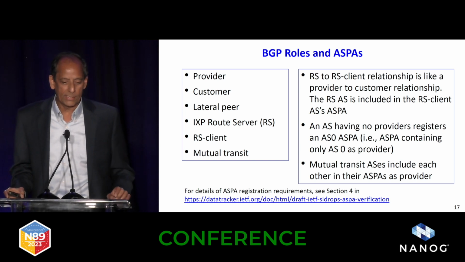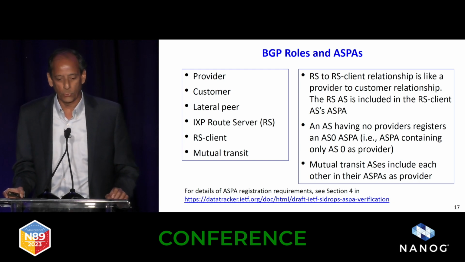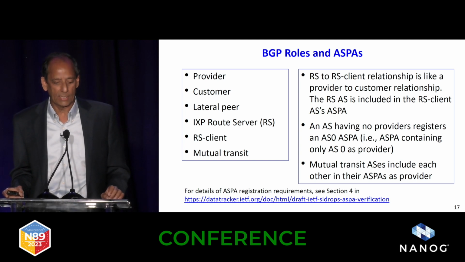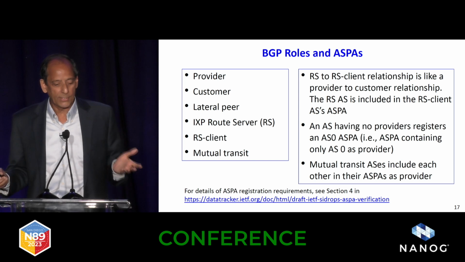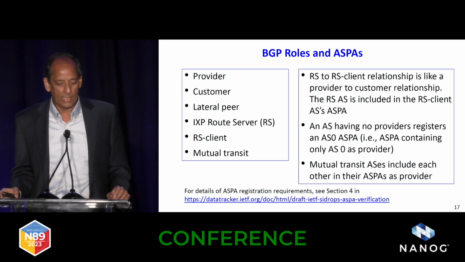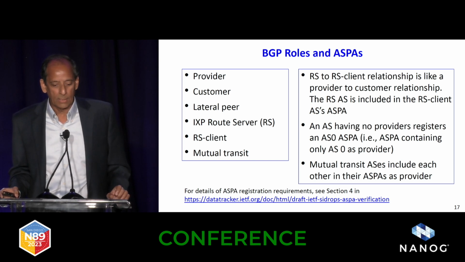RS to RS client relationship is essentially like a provider to customer relationship. Therefore, the RS AS would be included in the RS client's ASPA. And if an AS doesn't have any providers, like the tier ones, then it would register what we call an AS0 ASPA. It means that the ASPA would contain only an AS0 as the provider.